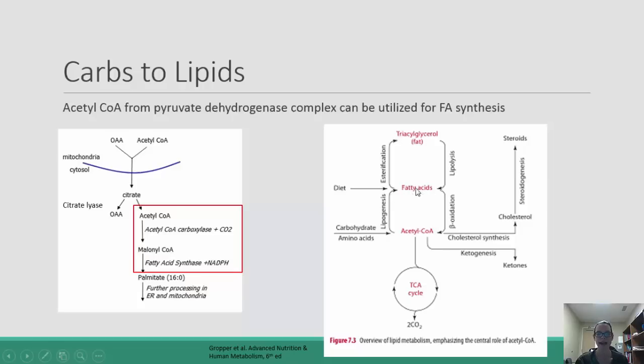We can get our fatty acids either from the diet or other places, and then we can form our triacylglycerol, and then this can be broken back down to our fatty acids, which then can go to beta oxidation to acetyl-CoA, and acetyl-CoA can be used for cholesterol synthesis, ketone synthesis, or it can enter the TCA cycle if we have the appropriate substrates to combine it with.